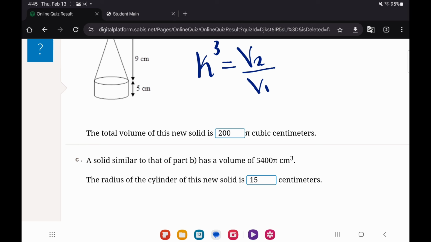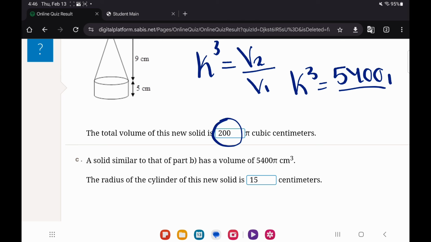In this question, the second one is 5400, and the first one, which we found here, don't forget the pi, is 200 pi. You can cancel the pi's, you can cancel the two zeros, you get 54 over 2, which on your calculator is 27. So K cubed is 27.